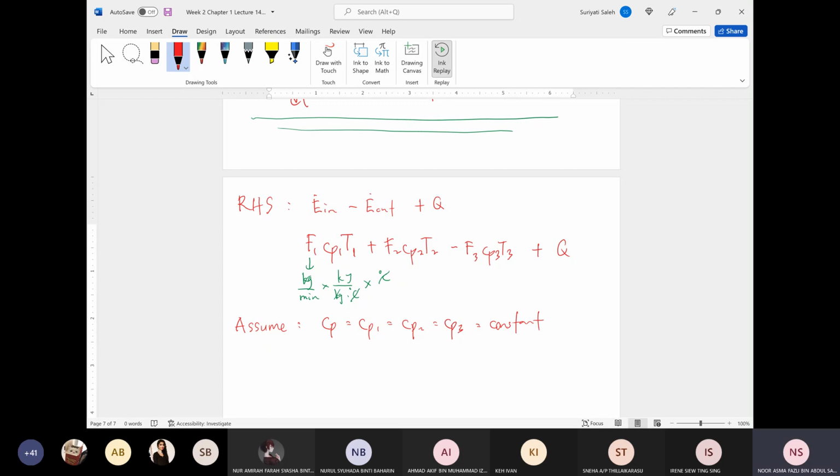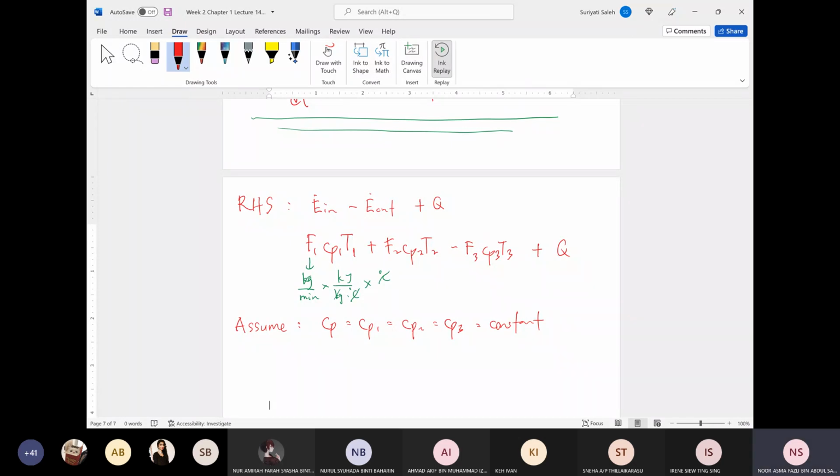So why do we have this kind of assumption? Because normally the heat capacity does not change much from one component to another. So we assume the effect of heat capacity is minimal, and we can use this assumption: CP equal to CP1 equal to CP2 equal to CP3.